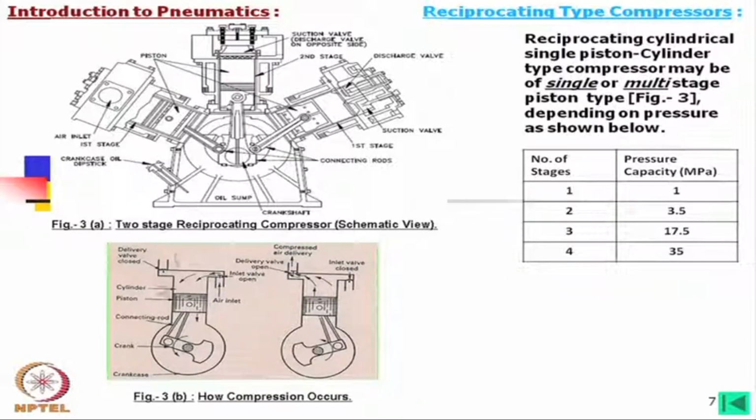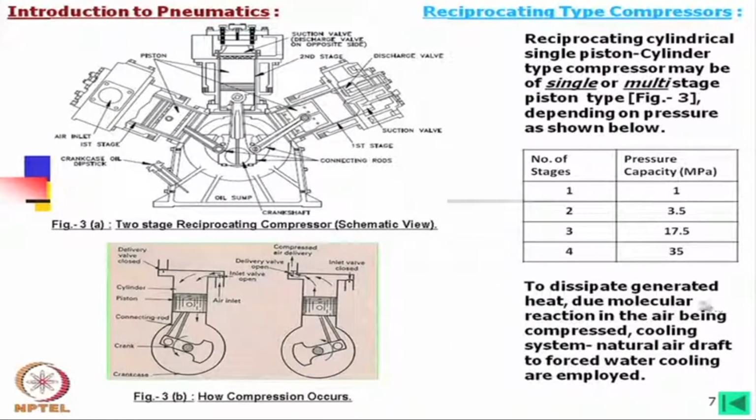This is the simplest form of this reciprocating system, and the same thing is followed here, just suction and compression, so in and out delivery. So if you look in this way, for one cycle, half the cycle is suction and half the cycle is delivery. So you can put 2 cylinders in single stage, but in such a way that continuously it is supplying the air.